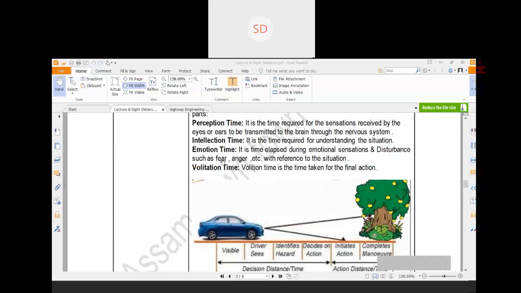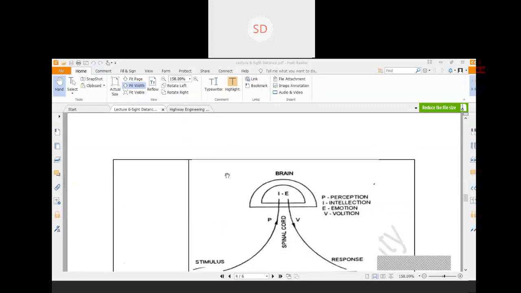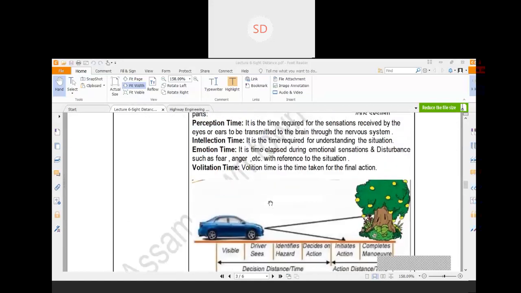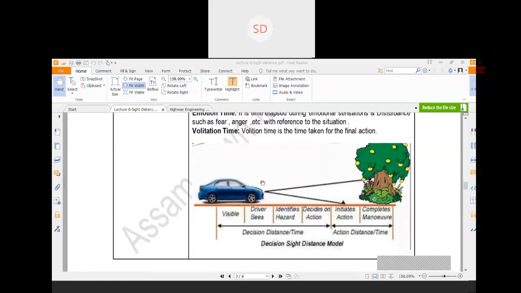Then emotion time. Emotion time also happens in your brain only. It is the time elapsed during emotional sensation and disturbance such as fear, anger, etc. Suppose your mind is full of some fear or some other thoughts. In that case you will take much more time than in the normal condition to understand the situation. So that is called emotion time.